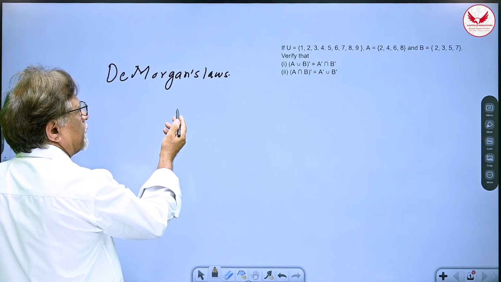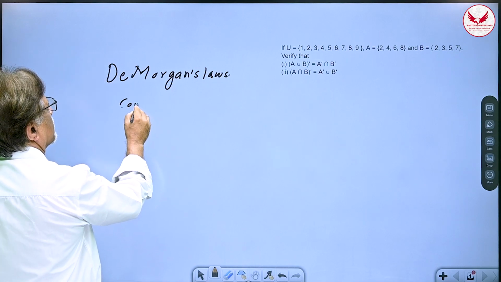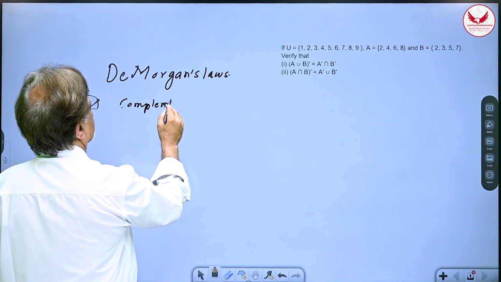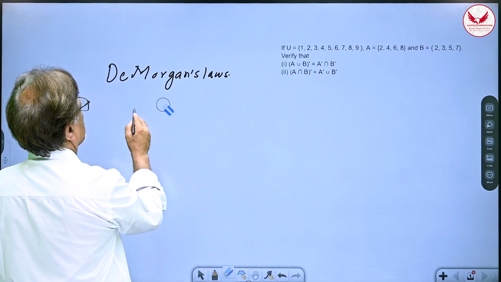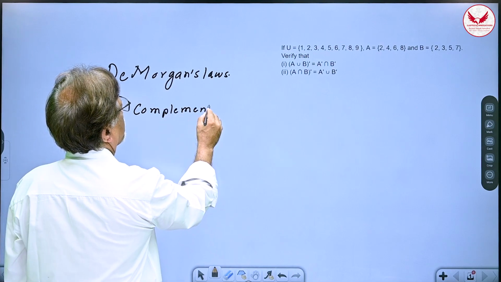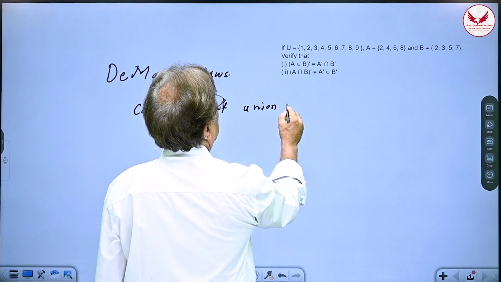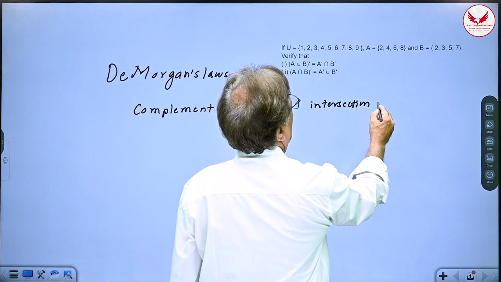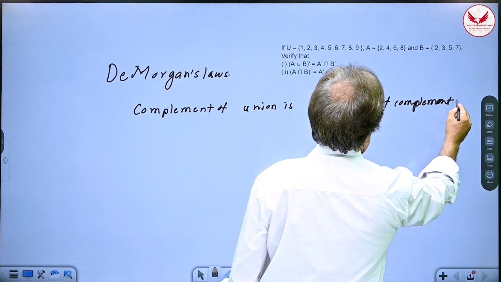If I want to write them in short, then I'll say complement of union is intersection of complements. Very interesting. What does that mean?